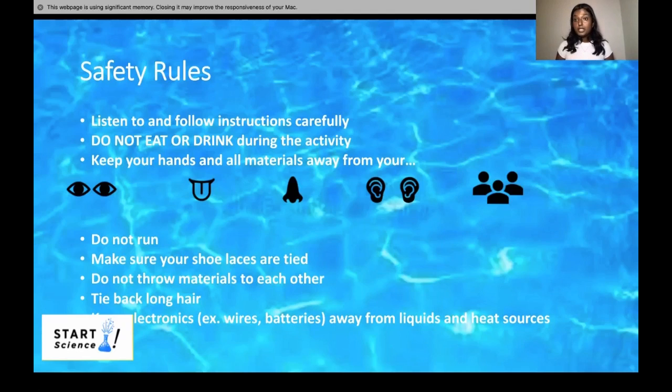Make sure you do not throw materials at other people. This can be a very hazardous thing to do. And if you have long hair, make sure you tie that back. Also stay away from electronics and keep them away from any liquids or heat sources, like batteries, wires, any technology, phones. Just be careful with the amount of distance you give between them, okay?